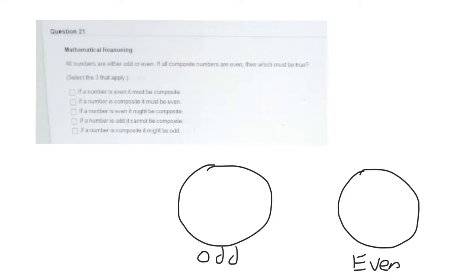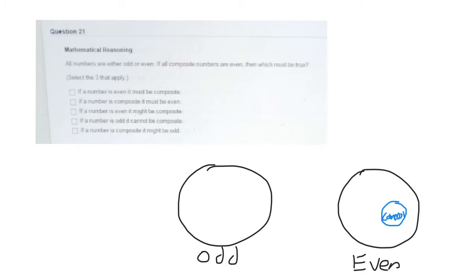Okay? All composite numbers are even. Well, if all composite numbers are even, I am going to draw a little blob in here that represents composite numbers, because all of them are even. We can put all the composite numbers in here. Now, there might be other numbers that are even, but definitely all of the composite numbers fit inside this bubble, right?